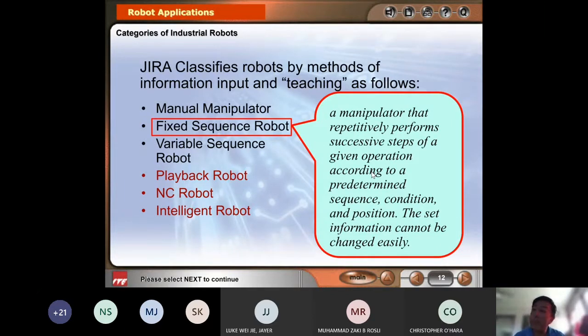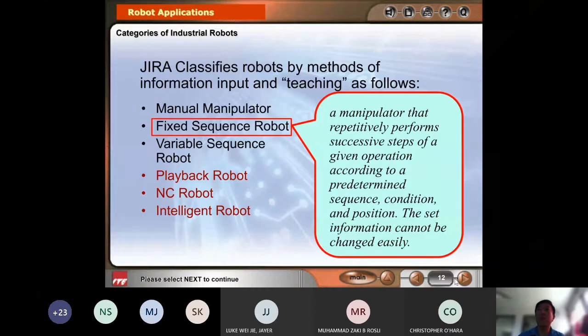It's like a washing machine. If you ask your parents, they'll tell you they set the wash to 25 minutes, the rinse to 25 minutes, the spin to 10 minutes, then run, and the machine follows this sequence. During the running, you cannot change the sequence unless you stop the whole thing. This is what we mean by fixed sequence. For a robot it's the same thing, except that the robot can move around.